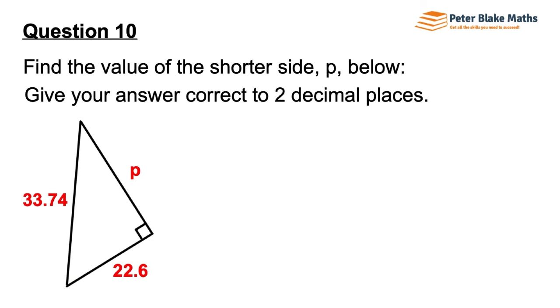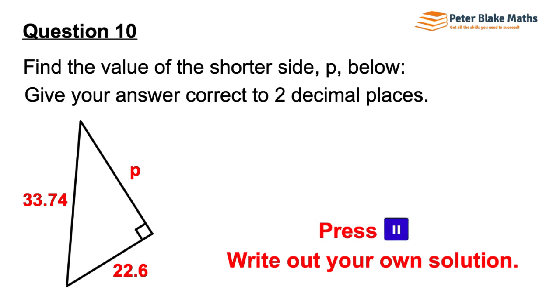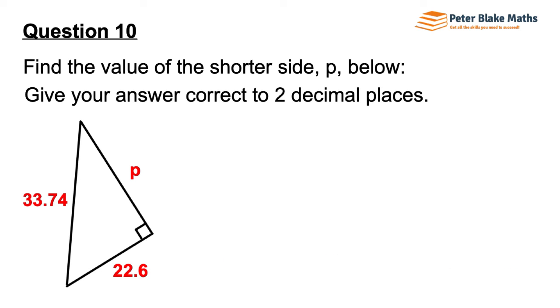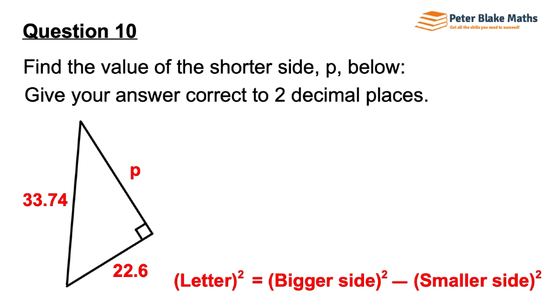And question 10. Find the value of the shorter side P below. Give your answer this time correct to 2 decimal places. The letter side squared equals the bigger side squared minus the smaller side squared, because we're finding one of the shorter sides here.